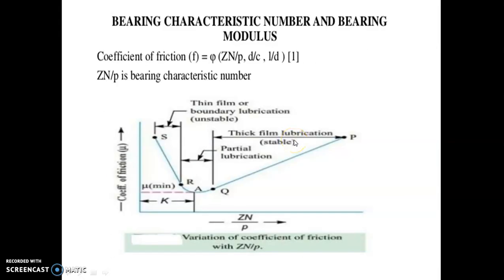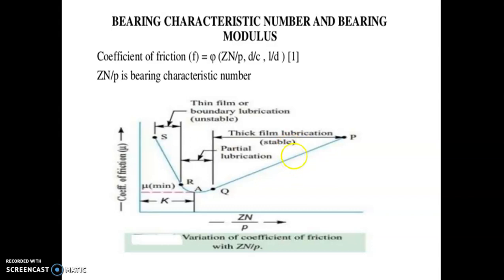Next comes bearing characteristic number and bearing modulus. The coefficient of friction in the design of bearing is of great importance because it is the means for determining the loss of power due to bearing friction.